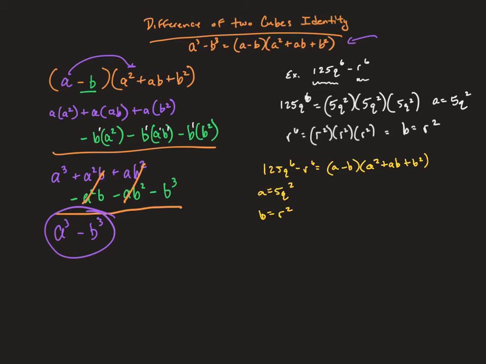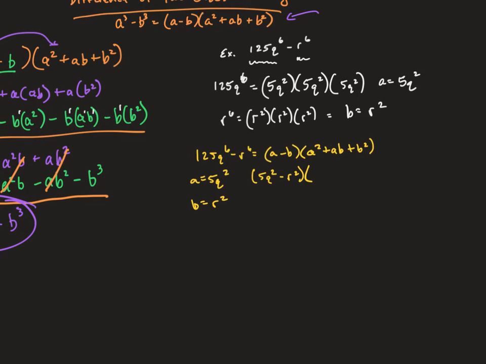So I'm going to have 5q squared minus r squared times 5q squared, squared, plus 5q squared times r squared, plus r squared raised to the second power.